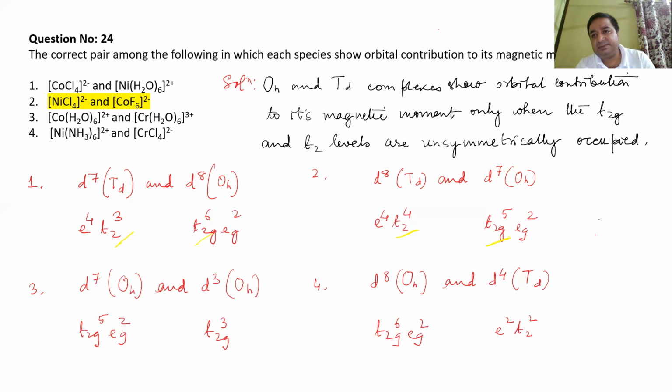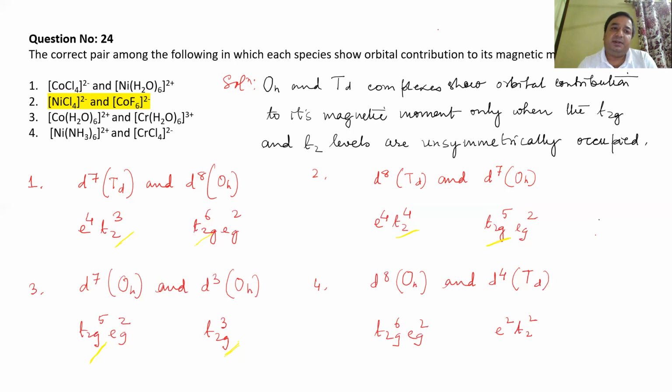It is a d3 system in an octahedral geometry. Now, for cobalt, we will say it is having an unsymmetrical t2g state. But what about chromium? It is having a symmetrically filled t2g state. So obviously, one is showing and another one is not showing. So this cannot be our answer.